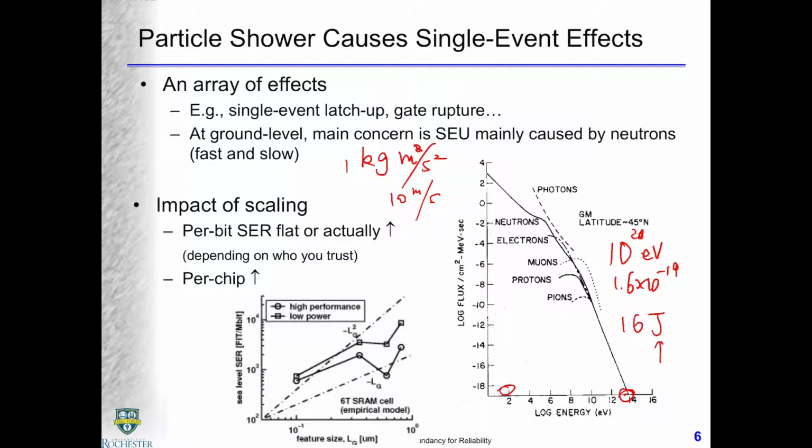There's no doubt about that. So the danger is going up. These are called single event effects. There's single event latch-up, single event gate rupture. What we like to call a soft error is a single event upset.